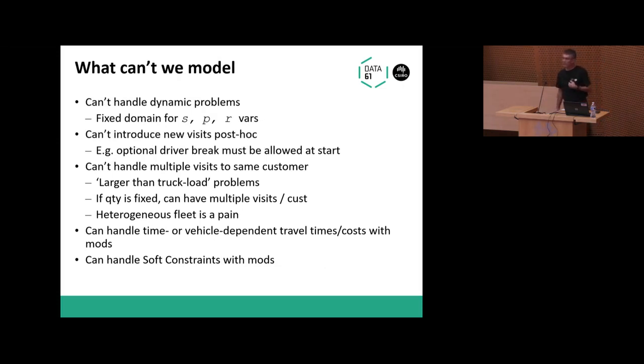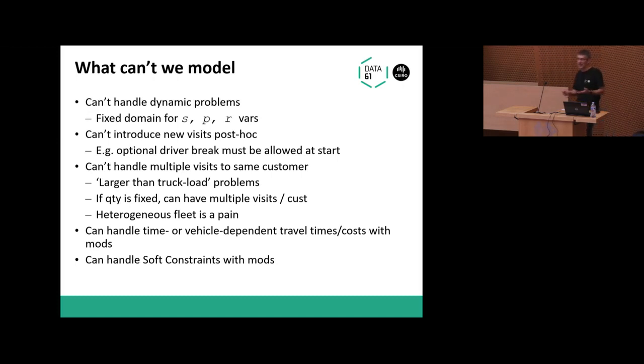Dynamic problems, so problems where I'm introducing new customers. CP has this really fixed idea of a domain, and it really doesn't like you saying, oh, that variable that I said had 100 elements in its domain, I want to make that 101. No, you're not. It just really doesn't like that.